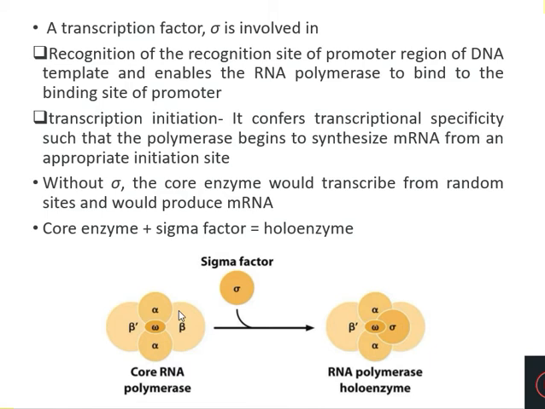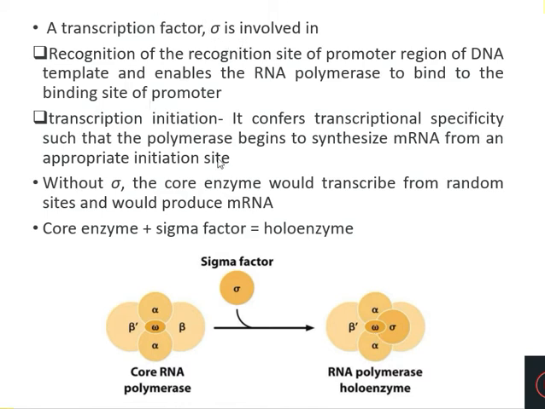So, all throughout the process protein factors are required, and one such transcription factor is this sigma. Only when sigma binds to this core RNA polymerase, then it will become the holo enzyme.